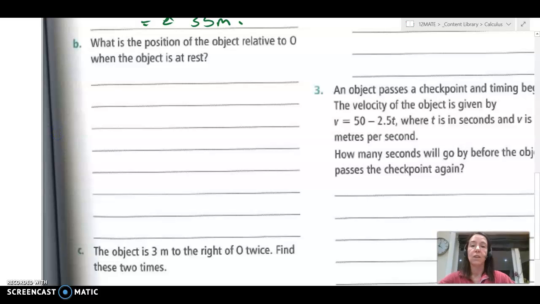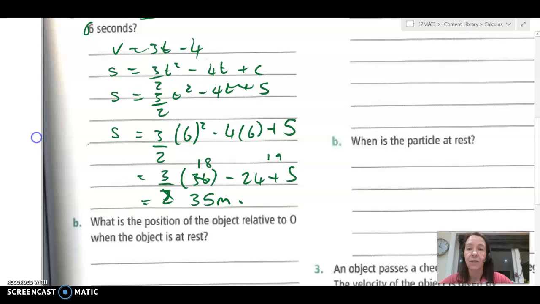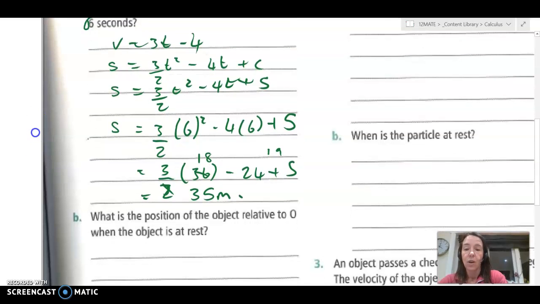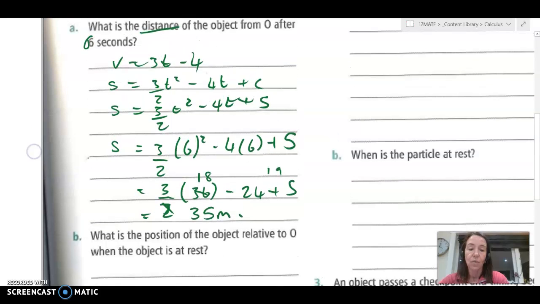B. What is the position of the object relative to O when the object is at rest? So we know an object is at rest when its velocity is 0.